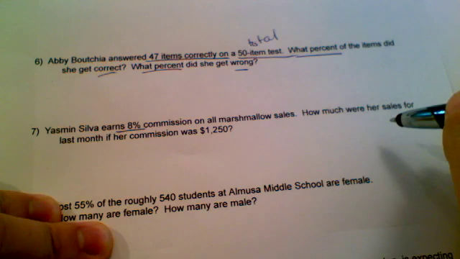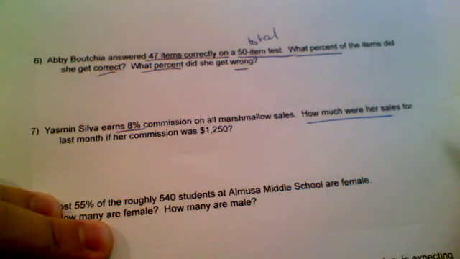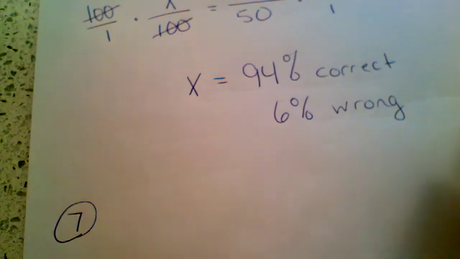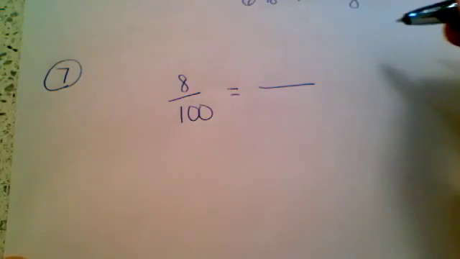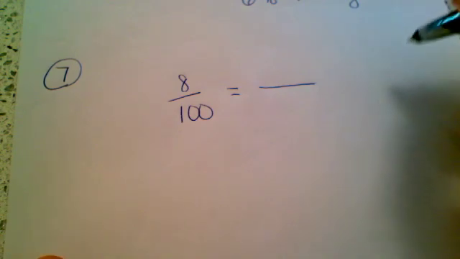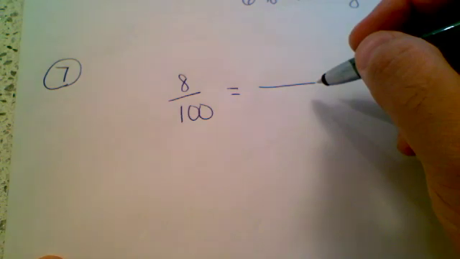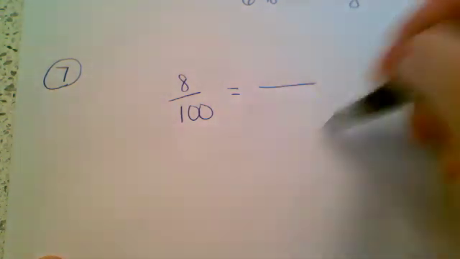So it's important to know that she earns an 8% commission. We have to find out what her sales were, and her commission was $1,250. So we know she gets 8% commission. And so we have to find out how much her sales were in total, because she makes a commission off of the total sales.